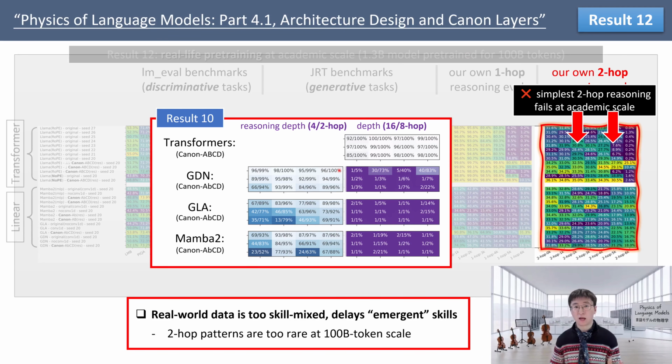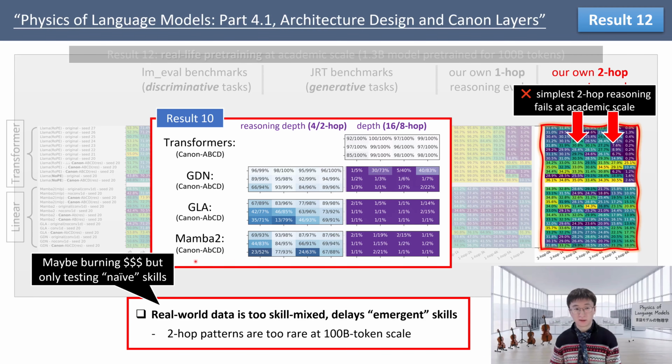And this is really the point I want to emphasize: the absolute importance of using our synthetic playground. Because in the synthetic playground, you can stress test your architecture's capability, for instance, in terms of 16-hop or 8-hop reasoning. But in practice, maybe you pre-trained a large model for a very long time, but you're only testing it on some very naive scale, only 1-hop. Maybe you're never even testing any 2-hop reasoning skills. And therefore, if you use real-life pre-training, how would you be confident that you're designing an architecture that works better than the prior work and so on?